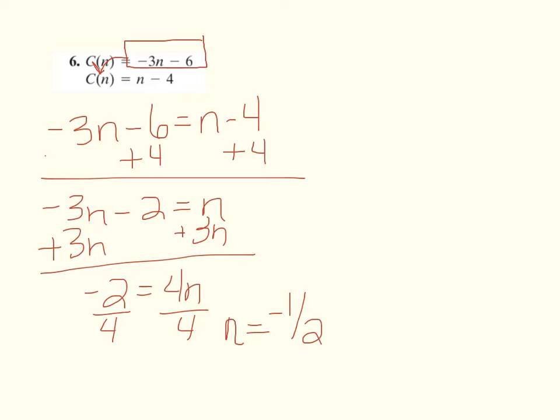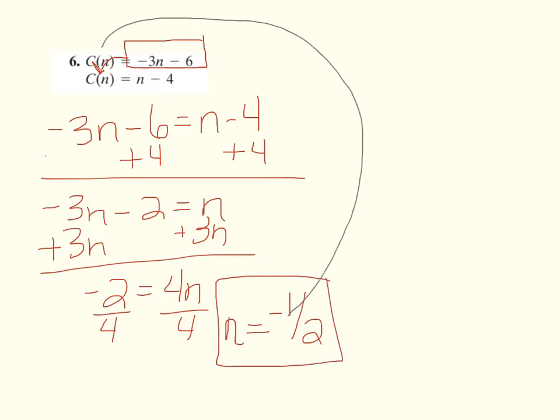All right, so we need to take this answer and substitute it back in and solve for c of n. So I have c of n equals negative 1/2 minus 4.